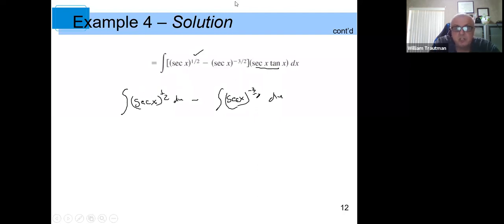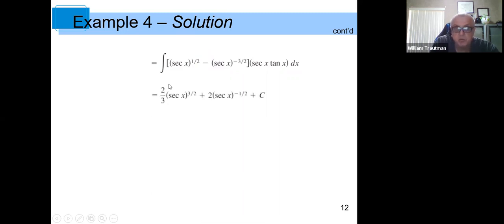Then you integrate that by adding 1 and putting the new power on the bottom. So we integrate this by adding 1, we get 3/2, then we put 3 on the bottom, 2 on top. That's how we got that 3/2. I did notice on the test, a couple of people had done that part wrong.